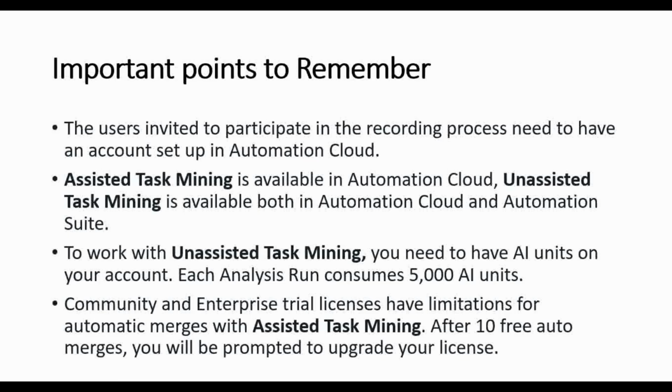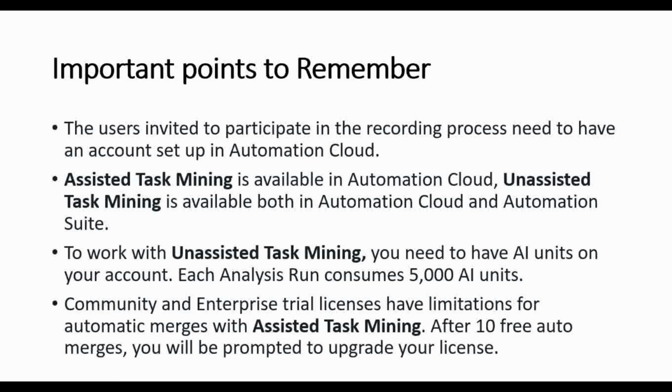Then this data will be loaded to an AI model, and this model will analyze the different patterns that these employees have uploaded, and this AI model will create a clear picture or a single diagram that helps to understand the correct process that you need to use for doing the automation, right? So for this AI model, we need these 5,000 AI units. For each analysis run, it will take around 5,000 AI units. That also you have to keep in mind.